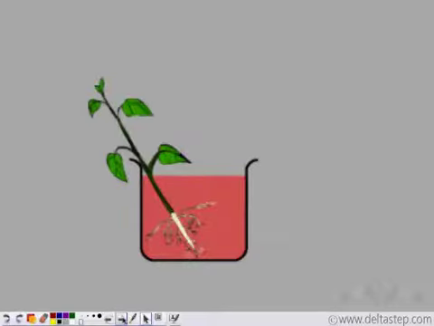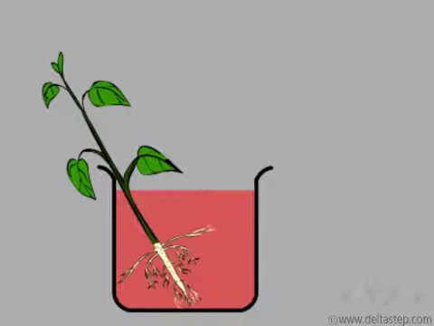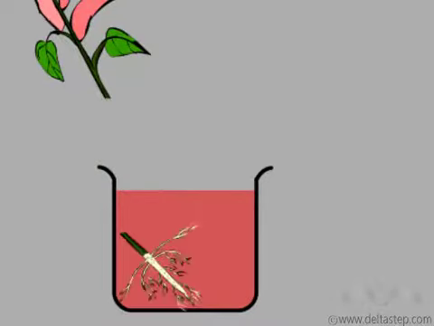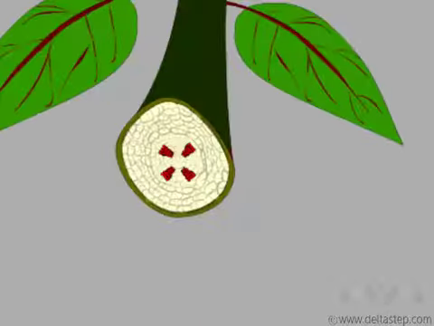Now, let us prove with an experiment that xylem is the pipe that brings in the water from the root to the leaves. For that, keep a rooted plant in colored water for a few hours. So the roots will absorb this colored water. Now, after some time, cut this plant and observe the cross section under the microscope.